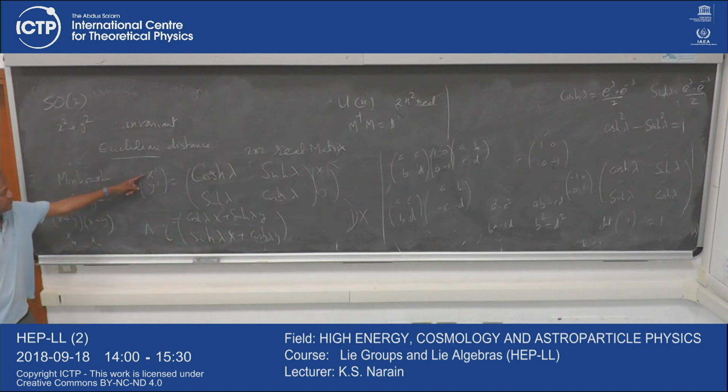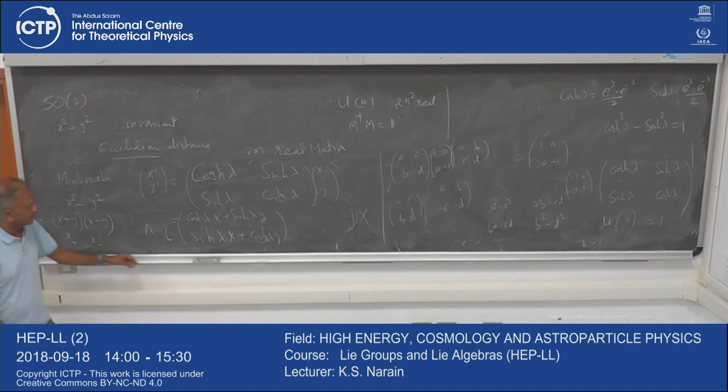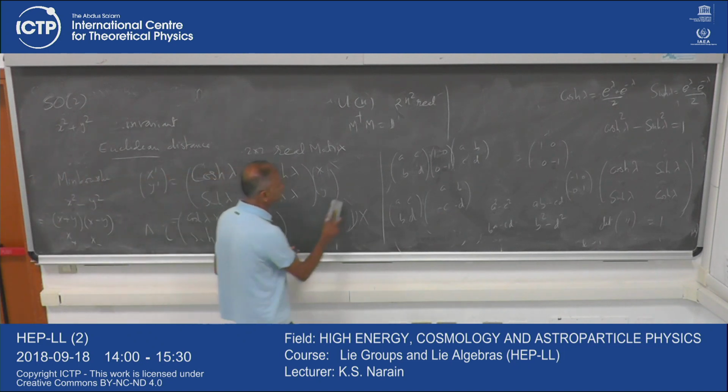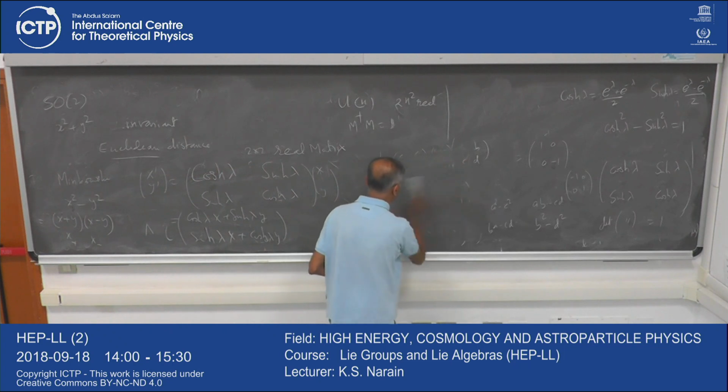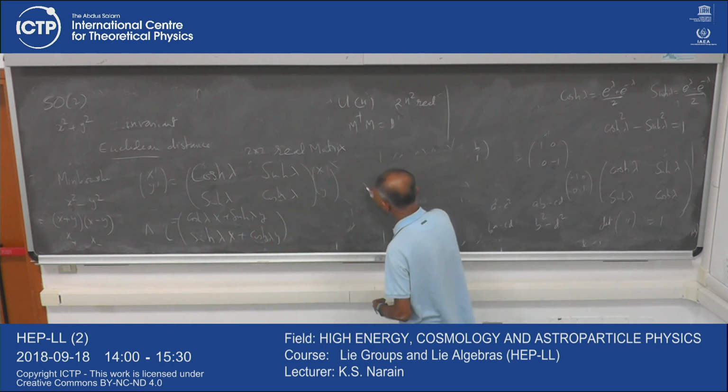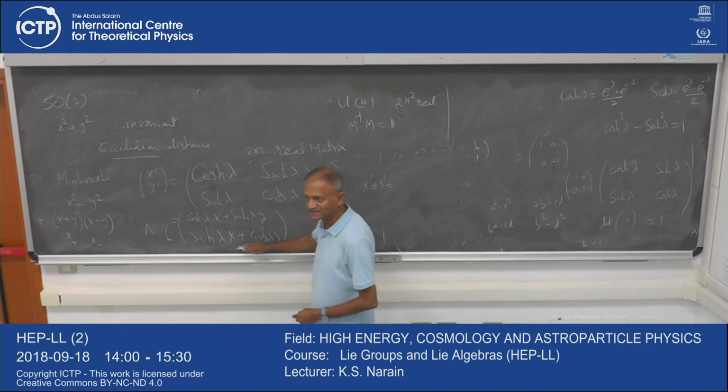But now let's look at what x prime plus y prime and x prime minus y prime are. I want to look at these combinations, x plus y and x minus y. So x prime plus or minus y prime will be equal to this plus or minus that.